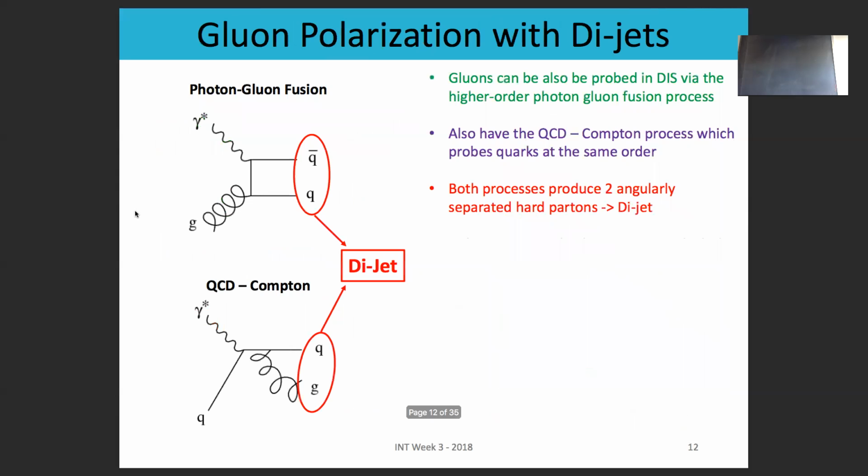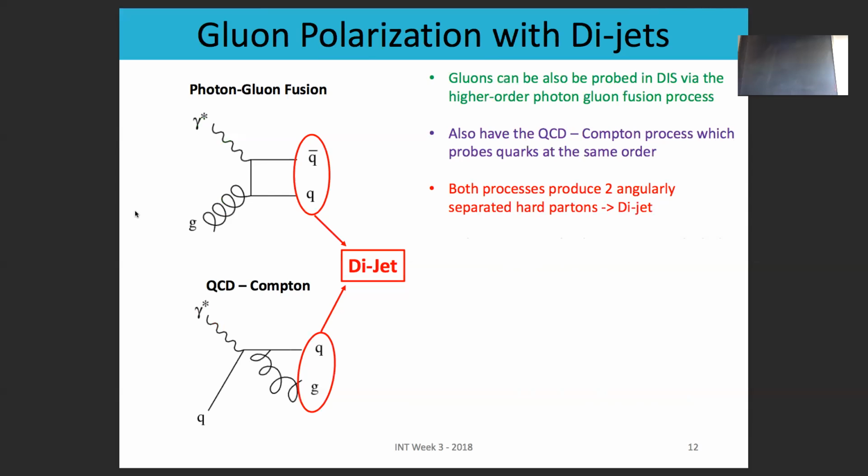But we can also think about another way to do it, where in the photon gluon fusion process, a gluon from the proton splits into a quark anti-quark pair, which interacts with your virtual photon, and so this will generally give you a Dijet type event, two quarks going out.